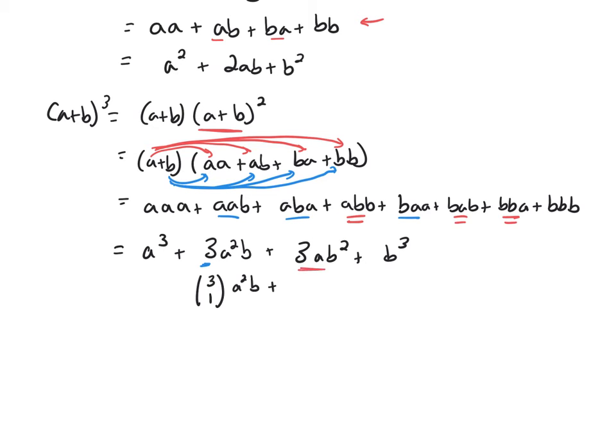Now if I look at this one, I'm arranging an a and two b's. So I have 3 positions. I'm going to place those two b's into position, and then the a goes into the remaining spot. When I'm counting these, it's really like I'm counting the number of arrangements. Here I have 3 spots, and I'm going to place the 3 b's in those spots. Here I have no b's, so this would be 3 choose 0.